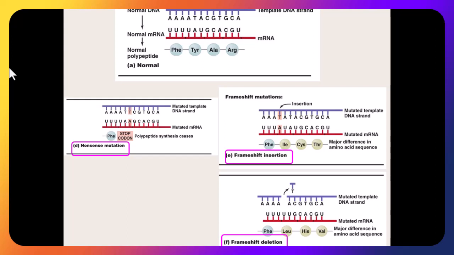I removed that T, that 5th letter up there. I just removed it. It shifts everything over. It's called a frame shift for a reason, which means everything after that mutation is going to be an incorrect amino acid that gets brought in. So although one change in your DNA sequence, 1 letter, 1 base, depending on which it is, can still be extremely deadly.